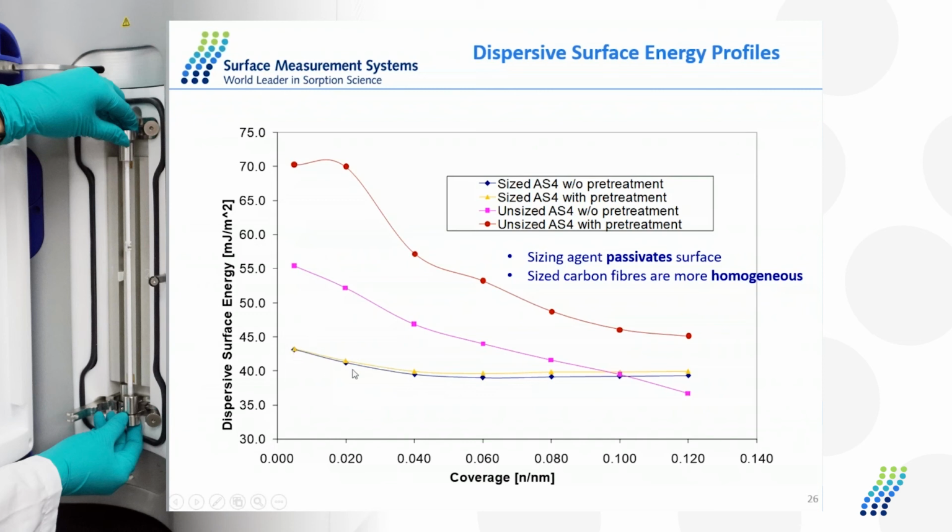So clearly, the sizing agent passivates the surface or lowers the surface energy of the carbon fiber by coating the high energy sites, and we also make it more energetically homogeneous.